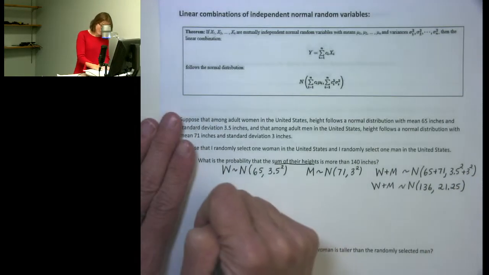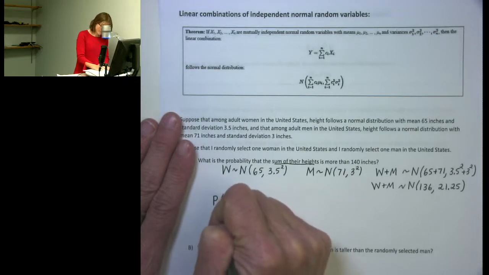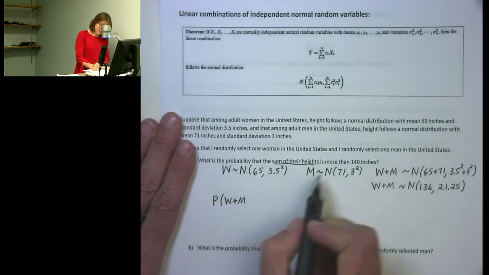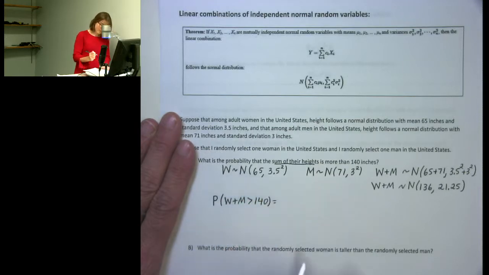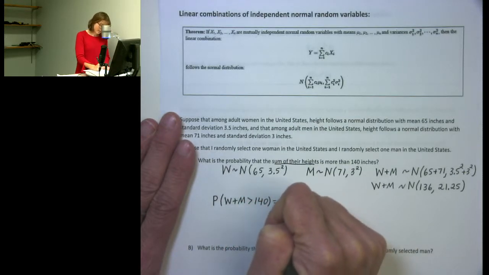Now if I want to know the probability that that sum is more than 140 inches, I can standardize.